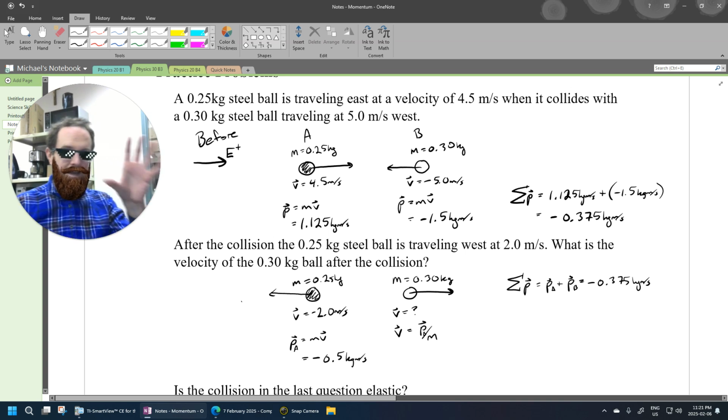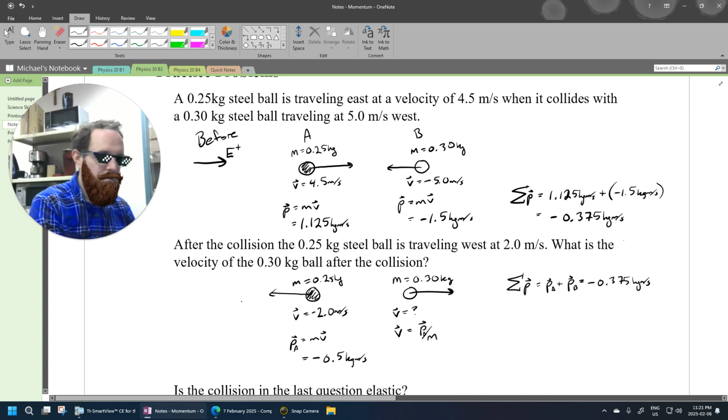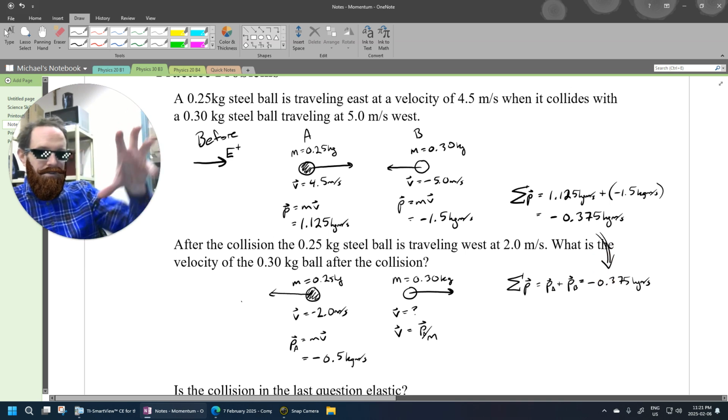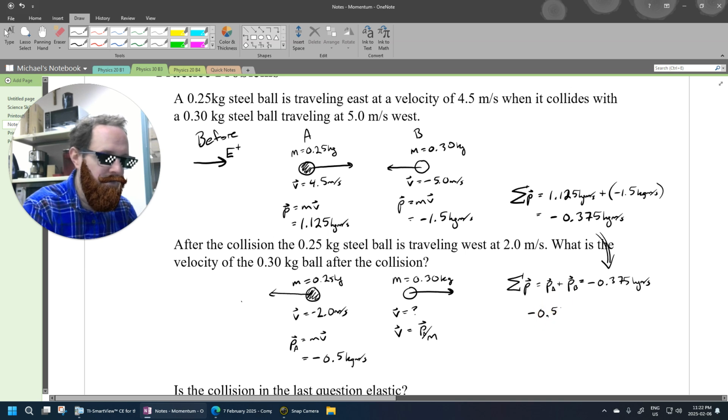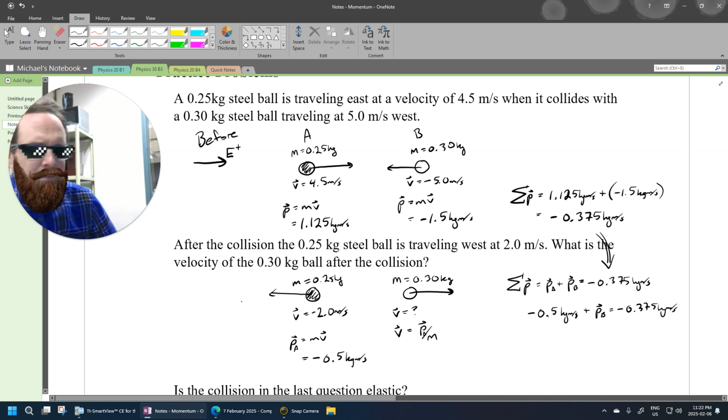Because of that, now I can do a simple algebra question. I know the momentum of A afterwards, so I can put that in there. Negative 0.5 kilogram meters per second plus whatever B has to be has to end up being this negative 0.375 number.